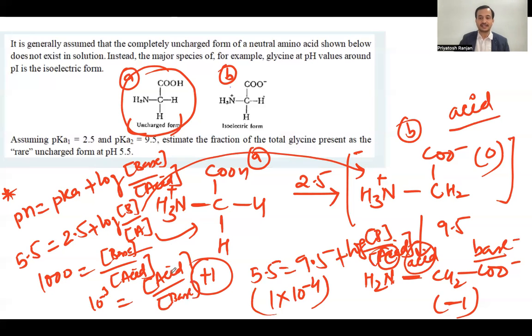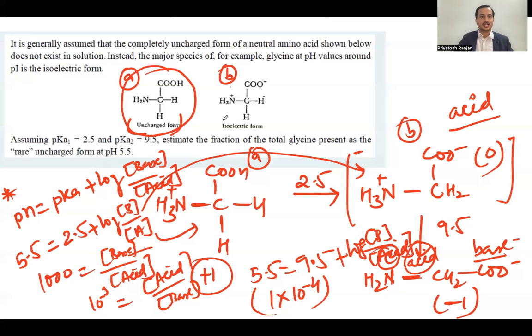Remember, in this particular case, the isoelectric species is the base, which is in the denominator. Here, the isoelectric species is the acid, which is in the denominator.